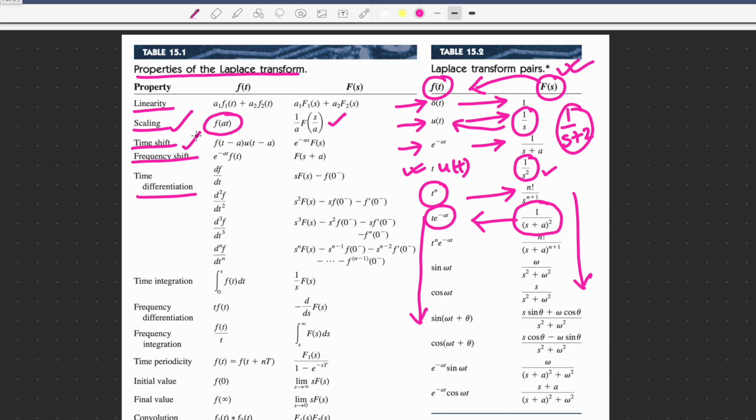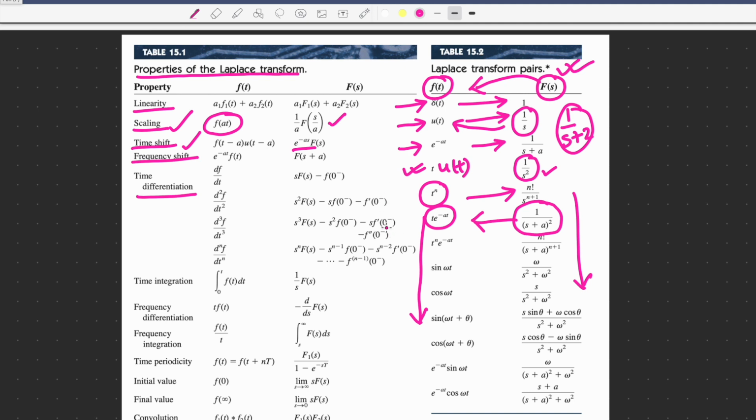Similarly, there is time shift. Time shift means you have subtracted a in the time, so f(t minus a). Here also there will be a function e to the power minus as which will be multiplied in this. You can see here. So likewise, you can refer to all these properties of the Laplace transform, which will be very useful when we do the inverse Laplace transform for any function, or even the Laplace transform of any function.